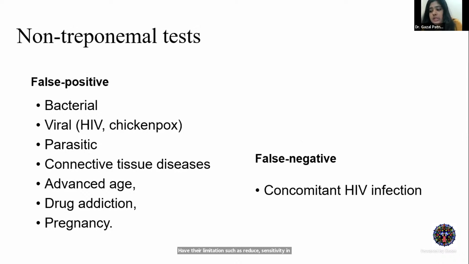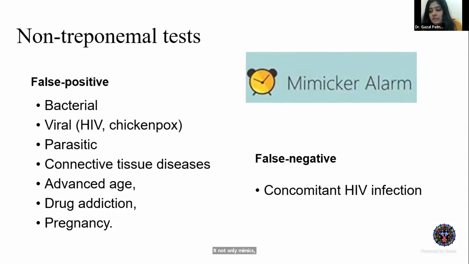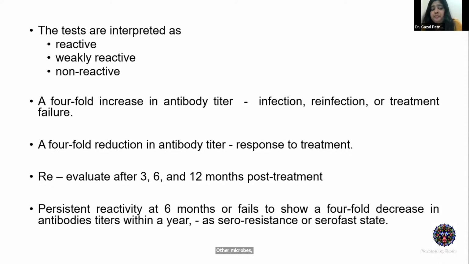False positive results are possible due to cross-reactivity, and are seen in bacterial, viral, parasitic, and a number of other infections, also in systemic connective tissue disorders like SLE or advanced age. False negative results are seen in concomitant infection with HIV.